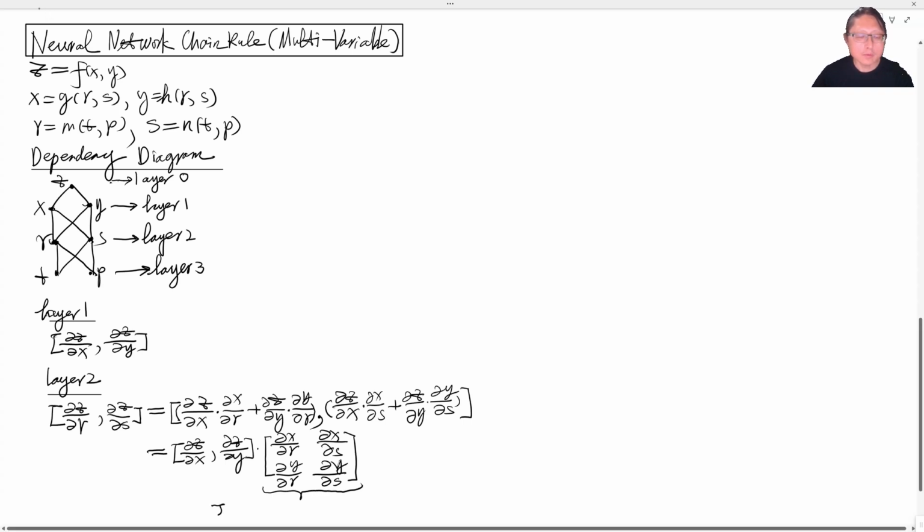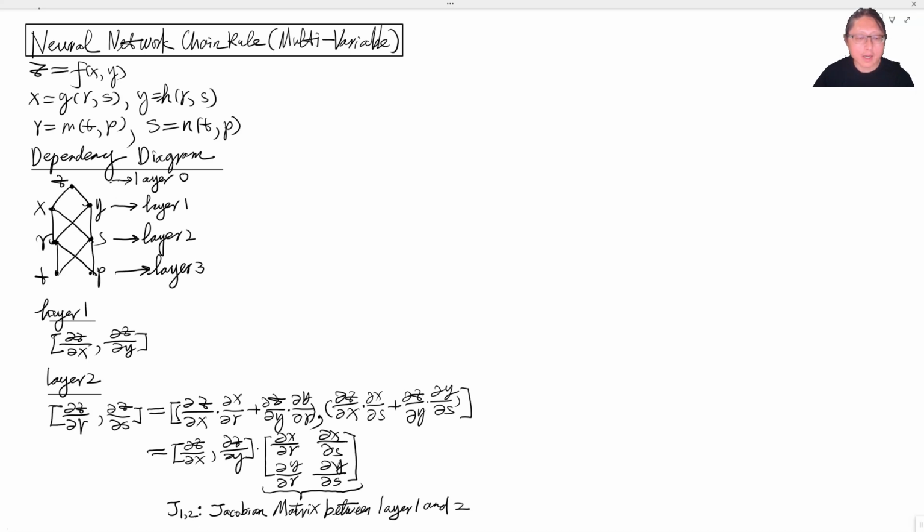To construct this Jacobian matrix, it's very simple: you go from top x to bottom r and s, and from left r to right s. Then you can construct this Jacobian matrix easily. We just name this the Jacobian matrix between layer 1 and layer 2. This Jacobian matrix forms a connection between the layer 1 and layer 2 partial derivatives.